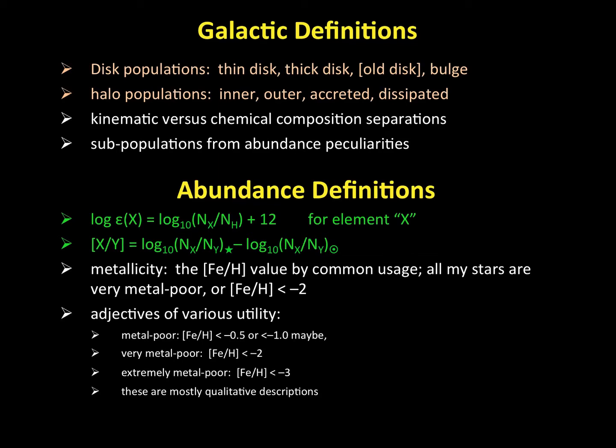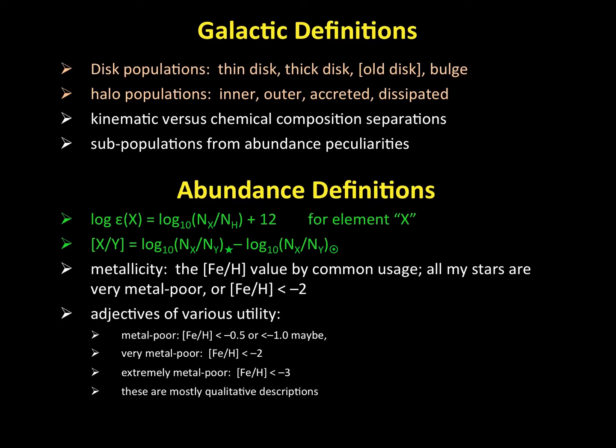Then we have the halo, and there are various ways you can discuss the halo and the disk: inner halo, outer halo, accreted component, dissipation component. There are various ways you can figure out what populations things belong to: kinematics, chemical compositions. You can look for subpopulations. In 45 minutes, I can't discuss anywhere near all of those, so I'm just going to focus on one particular kind.